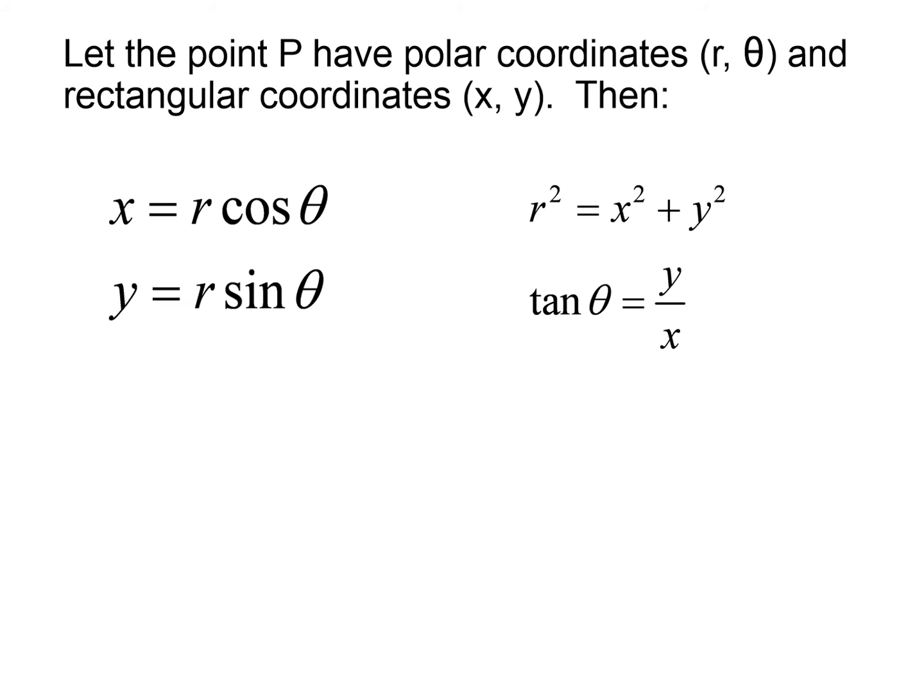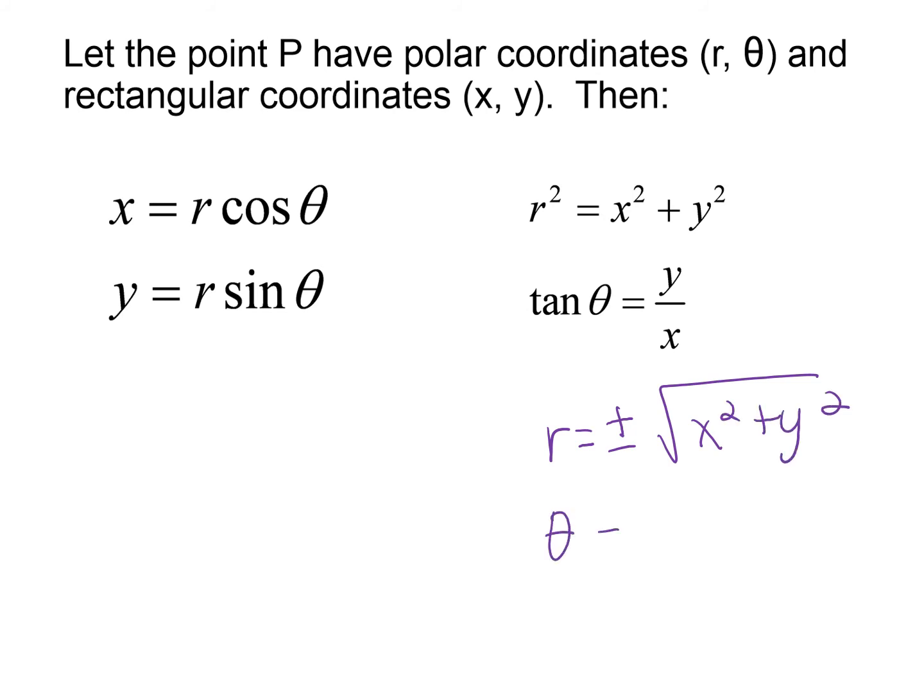So again, it says let point P have polar coordinates r and theta, and the rectangular coordinates x, y, then x is equal to r cosine theta, y is equal to r sine theta. They've given you the relationships, r squared equals x squared plus y squared, and tan of theta equals y over x. Again, on the right-hand side, you have to solve for r. So again, plus or minus the square root of x squared plus y squared.